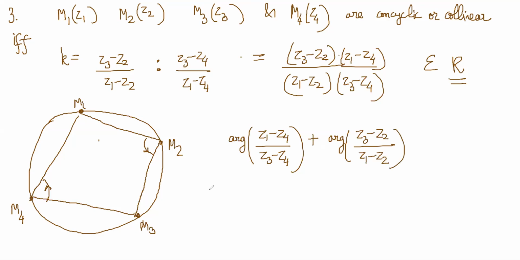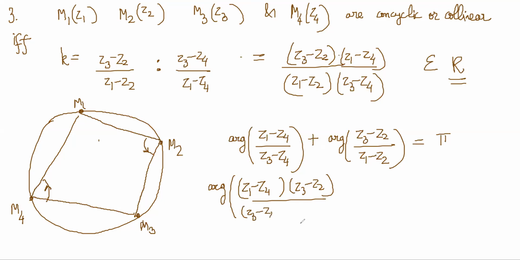This should be equal to pi, right? Correct. So this can be said as argument of Z1 minus Z4 multiplied by Z3 minus Z2 by Z3 minus Z4 multiplied by Z1 minus Z2 is equal to pi, right?